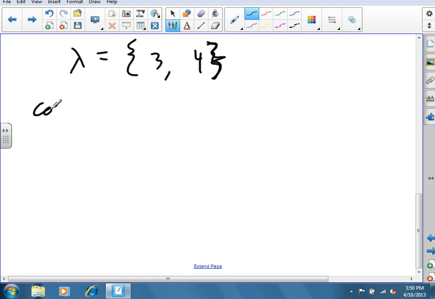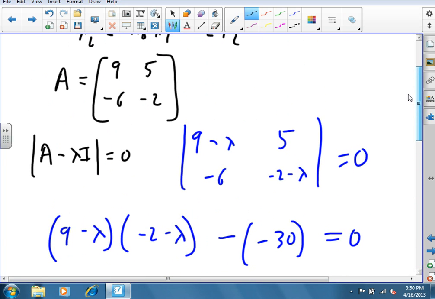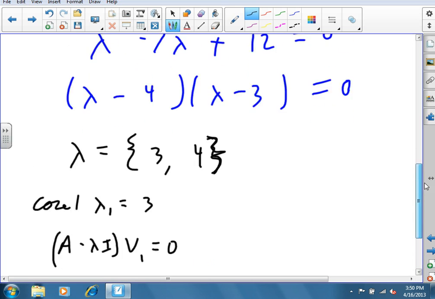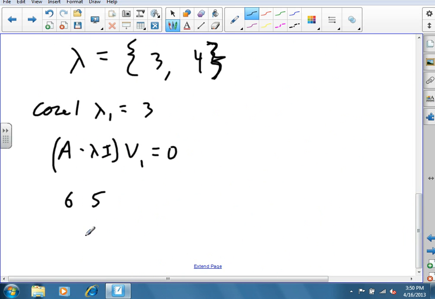All right, now we want to find the eigenvectors. So case 1, lambda 1 is equal to 3. I want A minus lambda I times V1, and I want to set it equal to 0. So A is 9, 5, minus 6, minus 2. 9 minus 3 is 6, 5, minus 6, minus 2 minus 3 is minus 5.